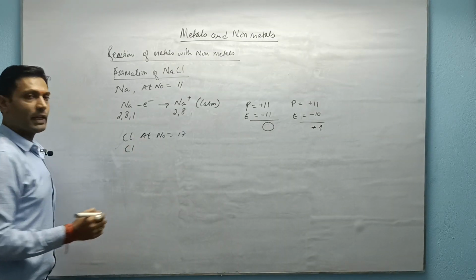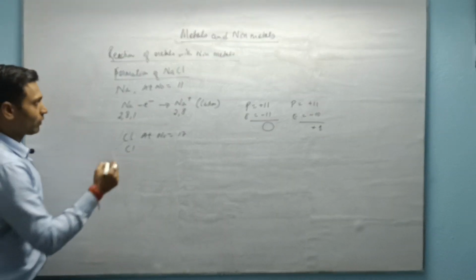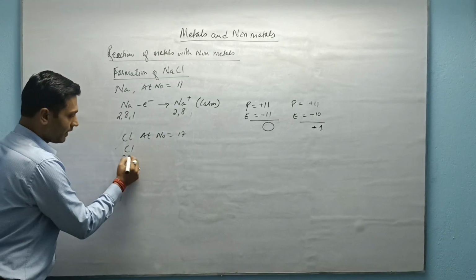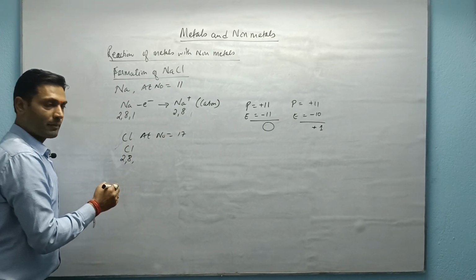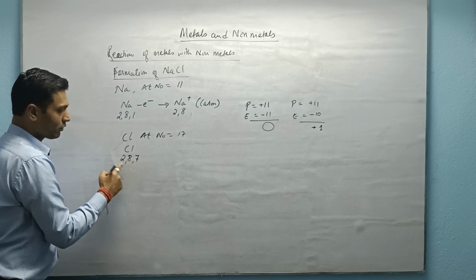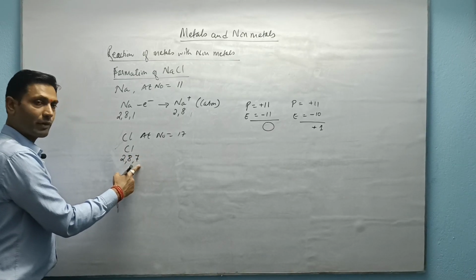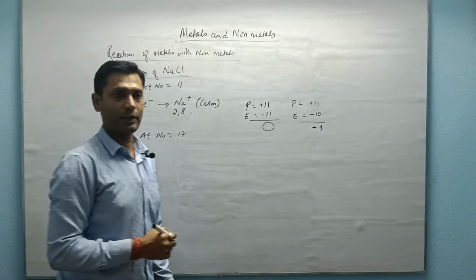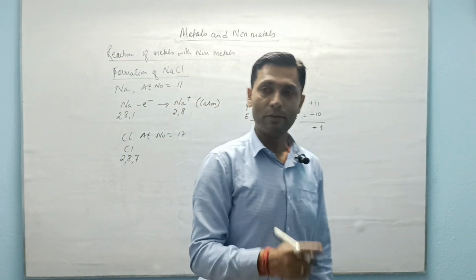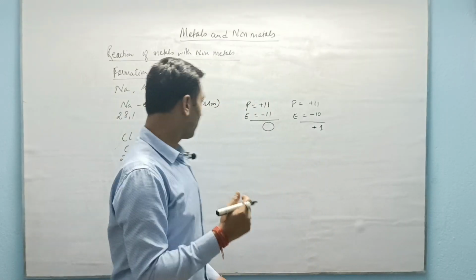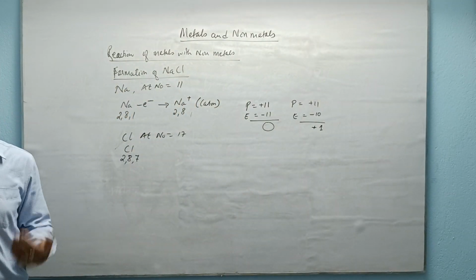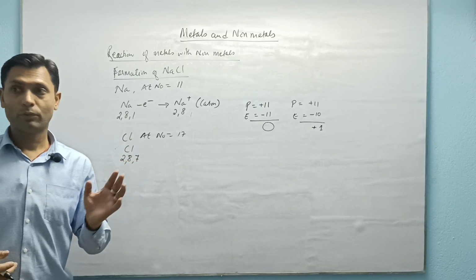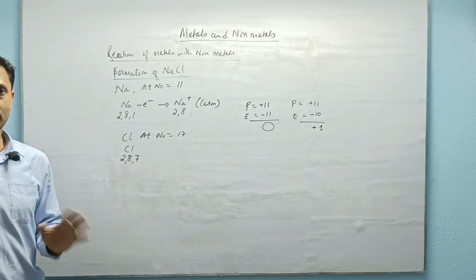So the electronic configuration of chlorine: 17 electrons means 2 electrons in the first orbit, 8 electrons in the second orbit, and the remaining 7 electrons, since 2 plus 8 is 10, plus 7 gives 17, go to the third orbit. Now, chlorine, in order to become stable, has to gain 1 electron, as discussed earlier.